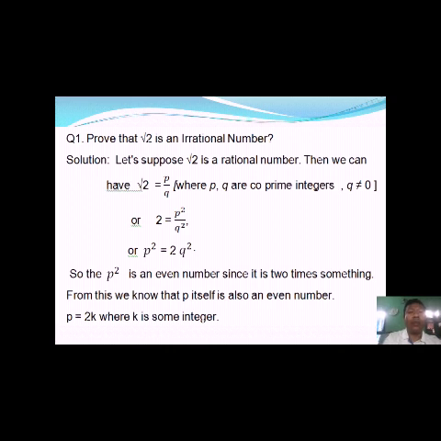We have now p square equal to twice of q square. Since p square is a multiple of 2, p square is an even number. Since it is 2 times something, from this we know that p itself is also an even number. So we can express p equal to 2k, where k is some integer.